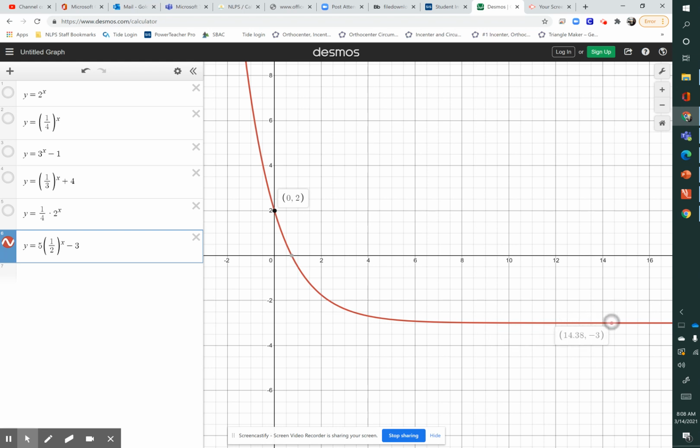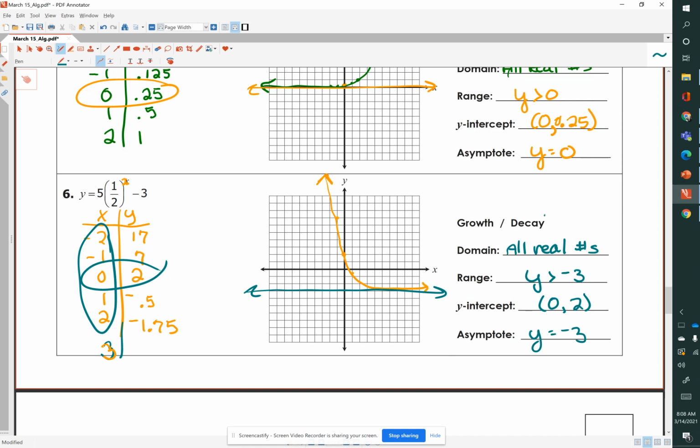This is where it will always be. So again, this is a decay function. You see as it's getting less and less, it's decreasing. This is decay. So it's a lot to do today. You have some problems for homework that are similar.